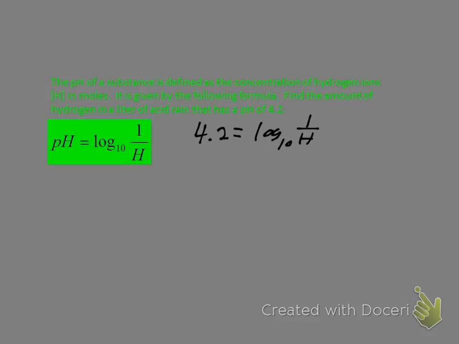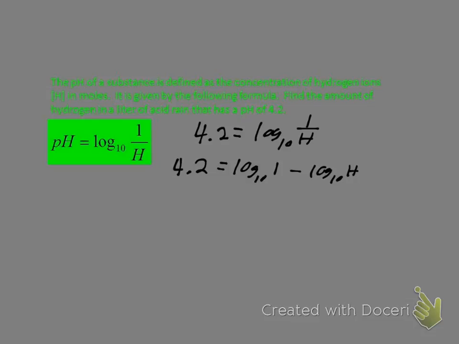And this one's got a little trick to it, so I'm going to work this one out fully for you guys, so you recognize how to solve for variables and work with logarithms. Since this is a division, we're going to split this up and go the other way with what we've been doing. We're going to make this a subtraction. So we got 4.2 equals log base 10 of 1 minus log base 10 of H.